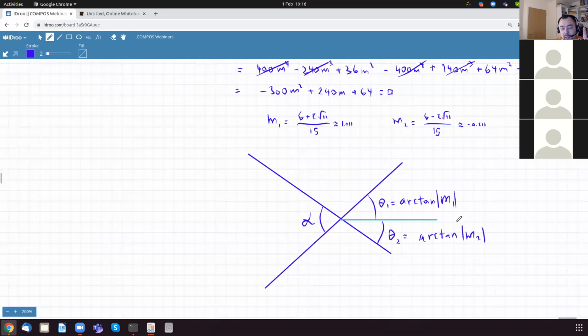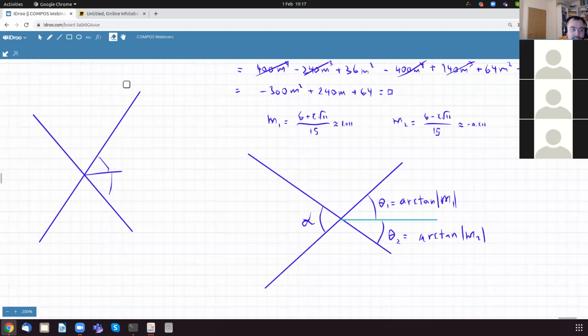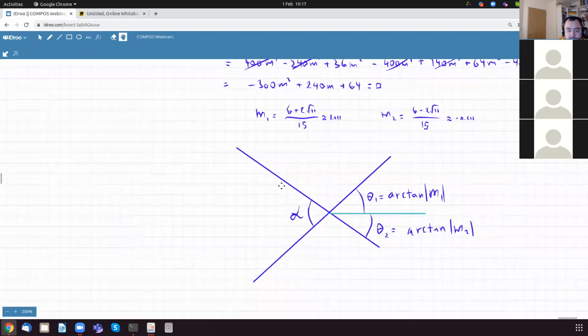So why is it modulus? Well, because it's a negative value, and if we do arctan of a negative value, it's going to be an obtuse angle. This angle is obviously not obtuse, and if you have the same gradient up and down, the same by modulus, this angle will be the same. So I just made my life a little bit simpler by taking the modulus.